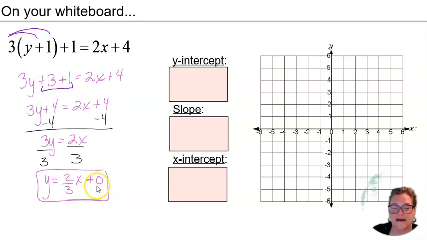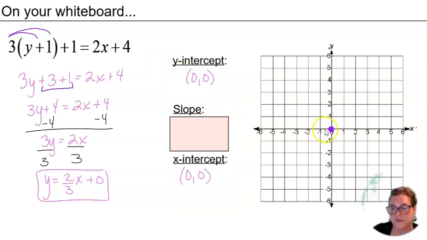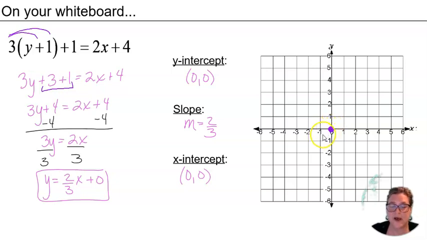The y-intercept then is 0, and that gives me a point at the origin. If the y-intercept is 0, the x-intercept must also be 0. Then I identify my slope as the coefficient on the x, and that's 2/3. And I use that slope as the rise over run. Since it's a positive slope, my line is going to go uphill from left to right.